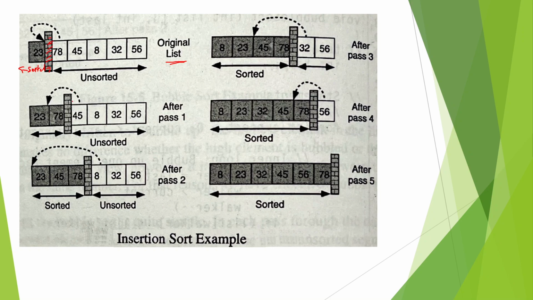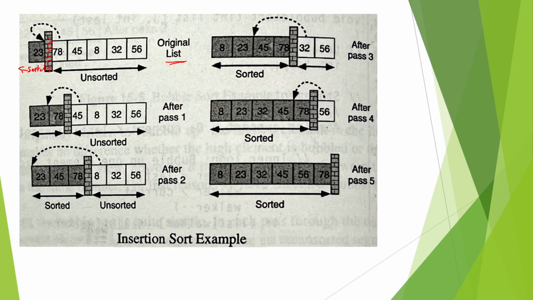Then what we do, we pick the first item. Here we picked the first item and we try to locate its appropriate, its best location. Obviously we know this 78 has to come after 23. To make this a sorted list, this 78 has to come after 23. If we put this 78 before 23, the list will not be in sorted order, right?